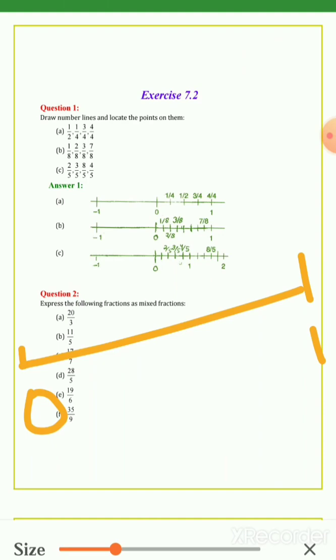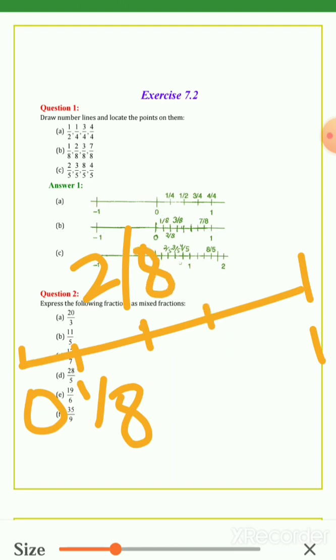So first we have 1 by 8, the smallest number, then 2 by 8, then 3 by 8. It means you have to take how many parts in between? 1 2 3 4 5 6 7 8. You have to take 8 parts in between.